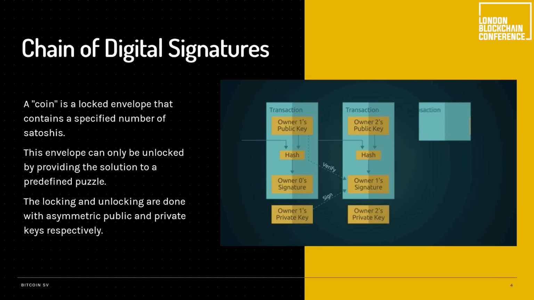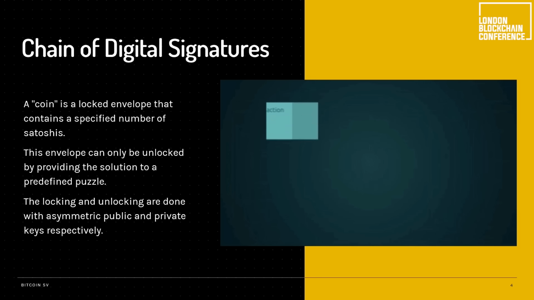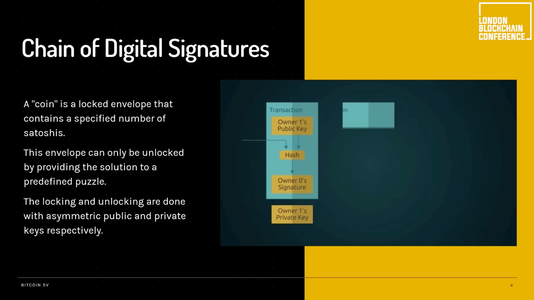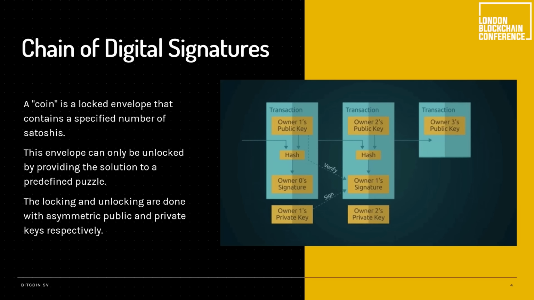A UTXO defines a fixed number of the Satoshi tokens, and they are essentially locked in an envelope, and the lock is a predefined mathematical puzzle that will generally require the provision of a digital signature to solve that puzzle, and then we can open it up and spend those coins onwards.